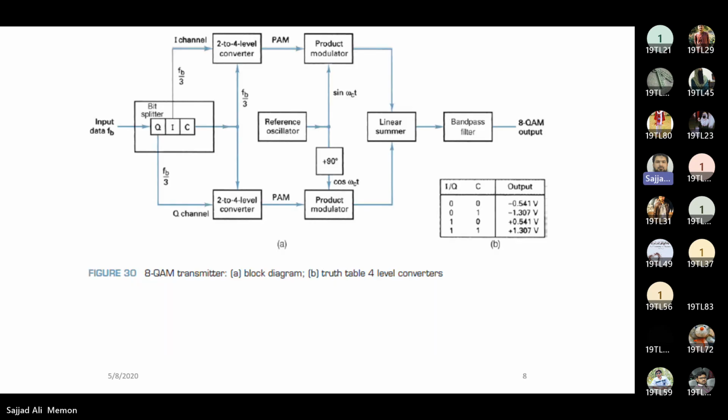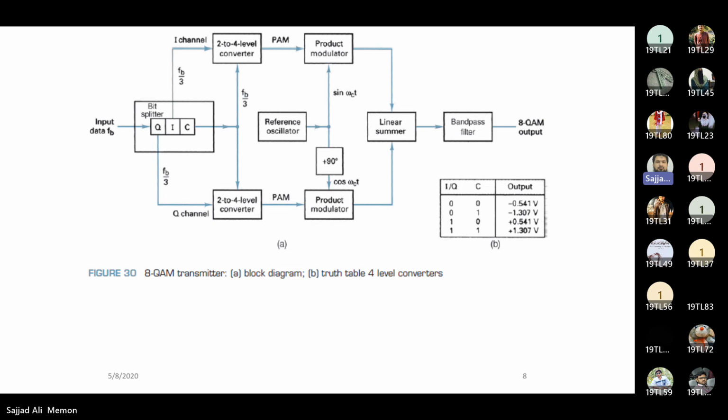So that is another advantage of this 8QAM, that the magnitude of these two will be the same. When I and Q are 0, it is minus 0.541. When they are 1, it is plus 0.541.